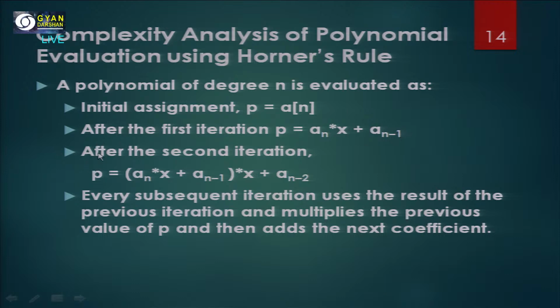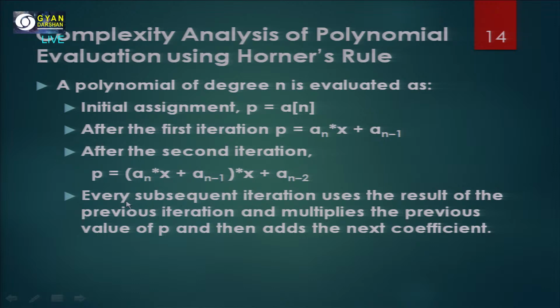So what do we do next? We move to the second iteration. This was the result of the first iteration, that was this particular p. Now we multiply it by x and add the coefficient of n minus 2, because in the second iteration i is reduced to n minus 2, right?